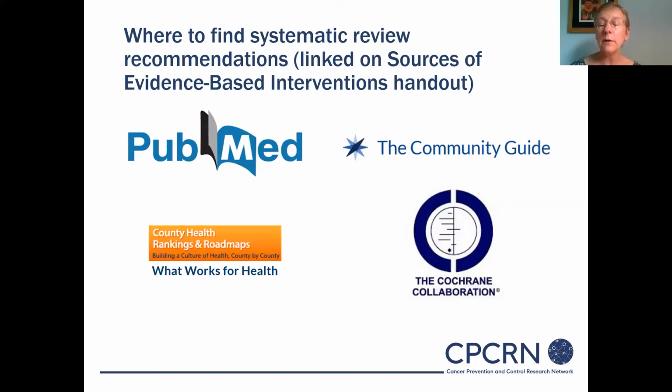And then the Cochrane collaboration is yet another site. For both PubMed and the Cochrane collaboration, you may want to partner with a librarian. And we'll talk a little bit more later about where to find librarians to partner with to search for interventions.